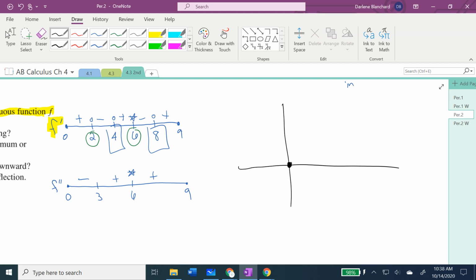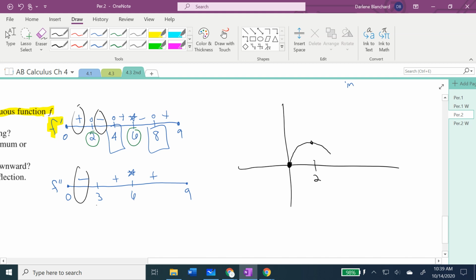Now, as I go from 0 to 2, I'm heading up with a sad look on my face. And I am going to hit a 0 slope when I hit 2. Now, I'm still continuing to be sad, but now I'm heading down until I hit 3.